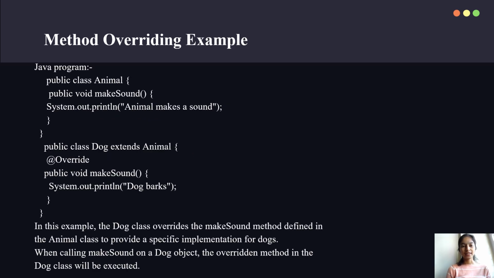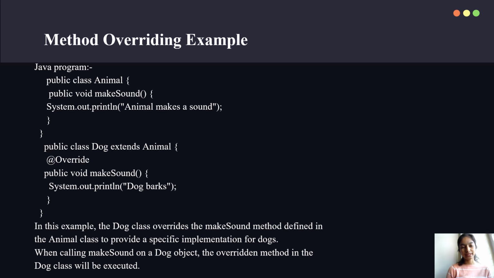Method overriding example. Here is the Java program. Public class Animal, public void makeSound, System.out.print Animal makes a sound. Public class Dog extends Animal, @Override, public void makeSound, System.out.print Dog barks.